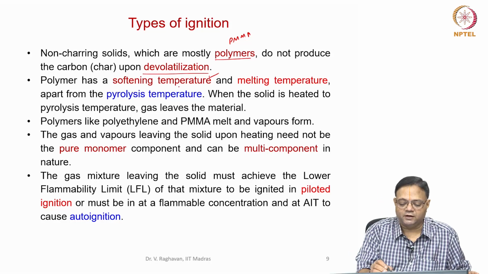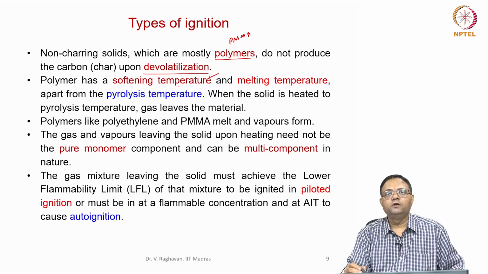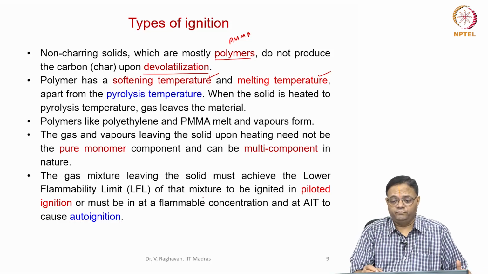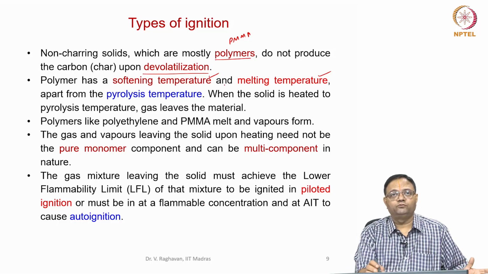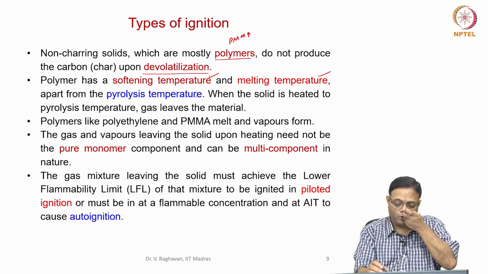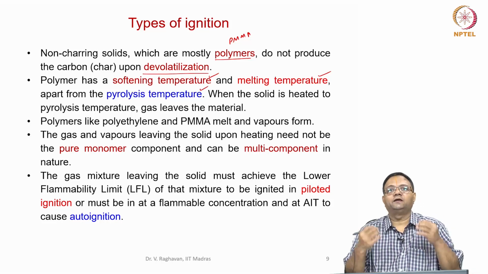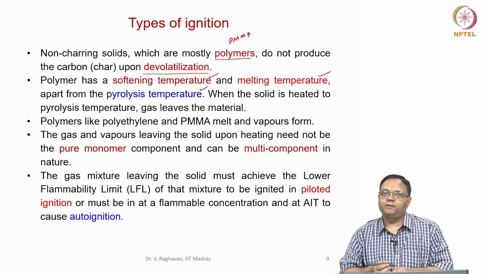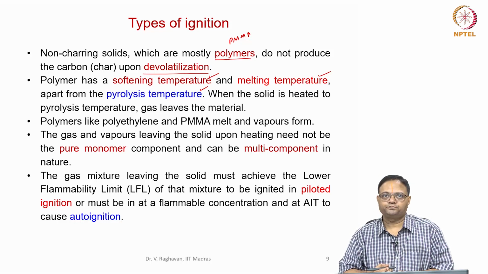Polymers or plastics will soften, so there is a temperature which is called the softening temperature. Similarly, there is a melting point, the melting temperature. The pyrolysis temperature will be there, which need not be the same as these two, it may be different. Pyrolysis temperature is the one where the gases will come out either due to melting and vaporization or due to sublimation.